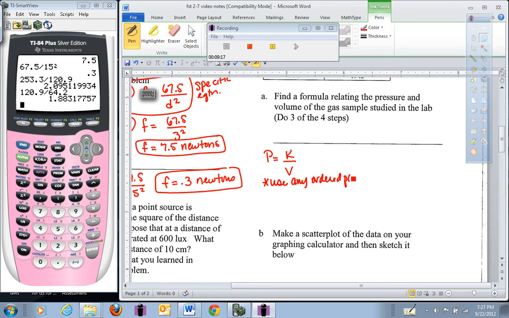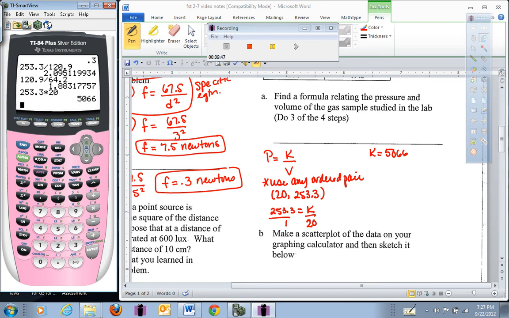I'll just use the first ordered pair, 20 with 253.3. If I do that, then I say 253.3 equals K over V, which is 20. Then I would cross multiply, and my K value is equal to 5066, since 253.3 times 20 gives me that amount.